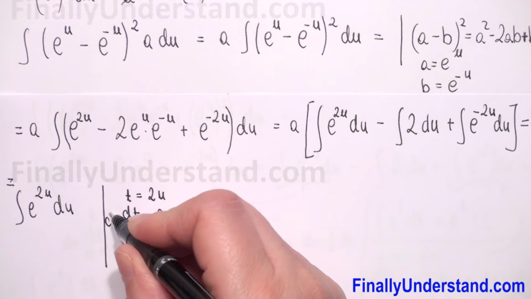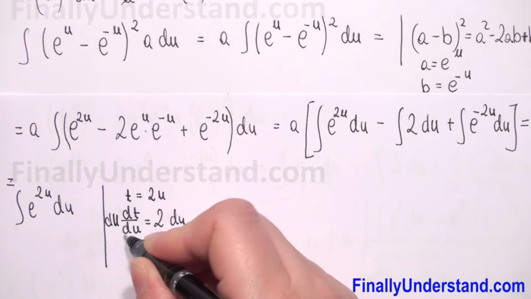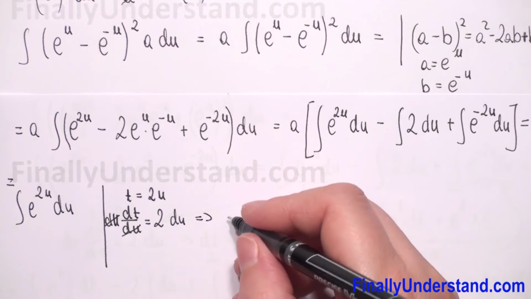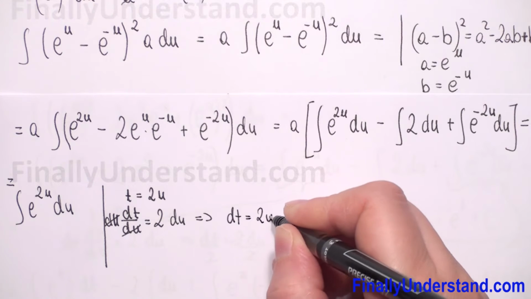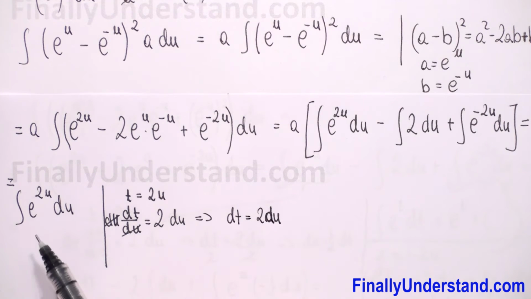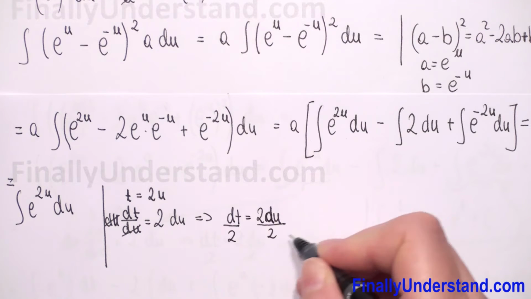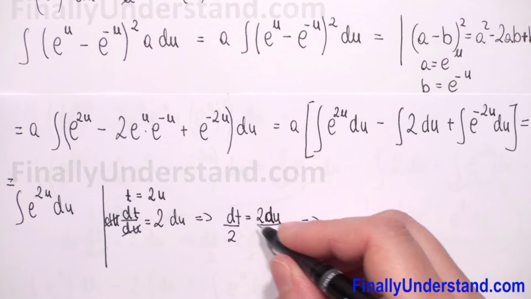So I will multiply both sides by du. du and du we can reduce, and we have that dt is equal to 2 du. We have only du in our indefinite integral, we don't have 2. So I will divide both sides by 2, and we can reduce 2 and 2.